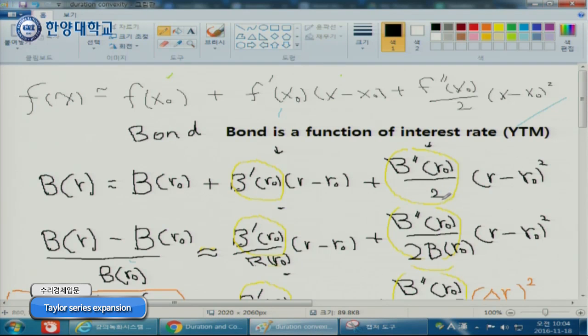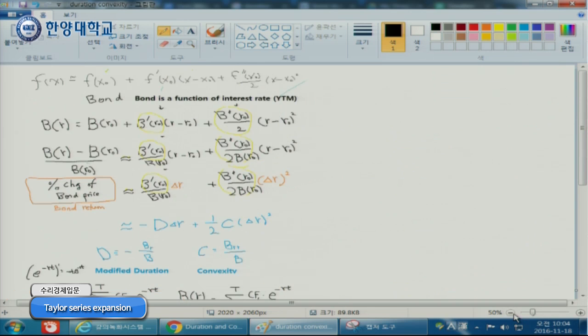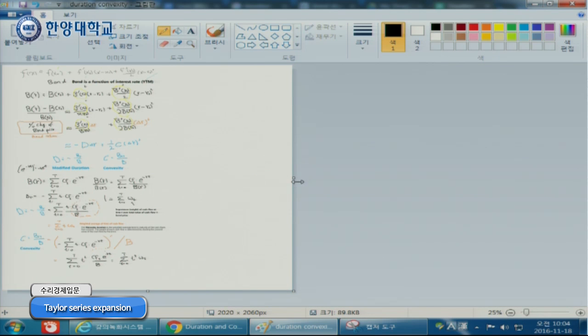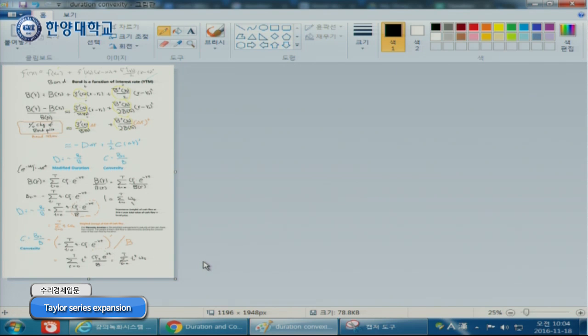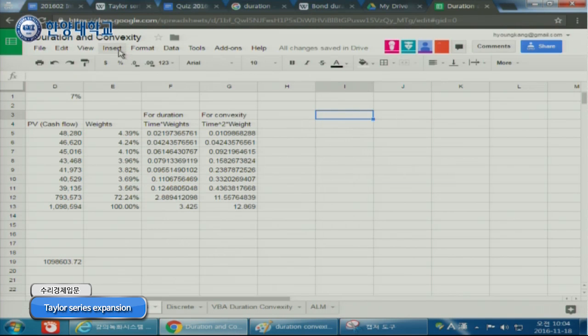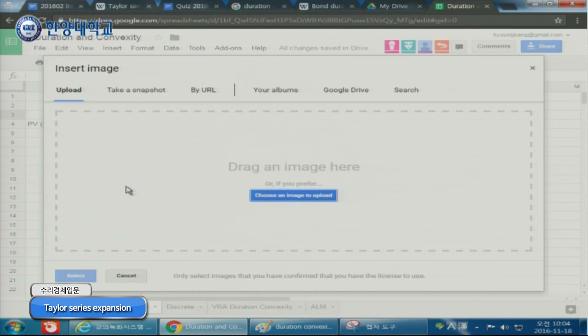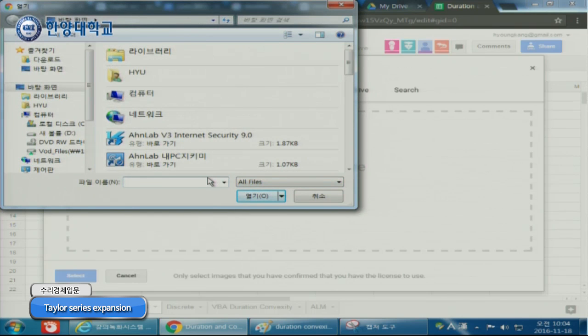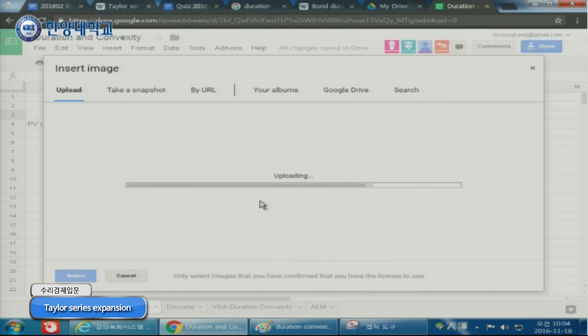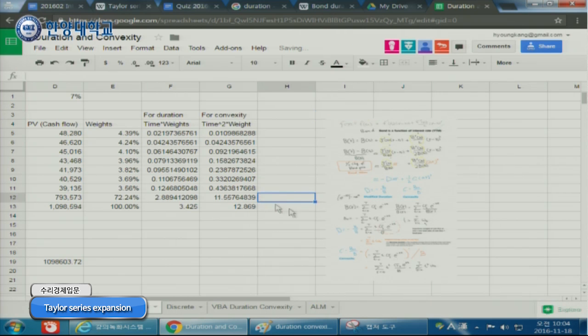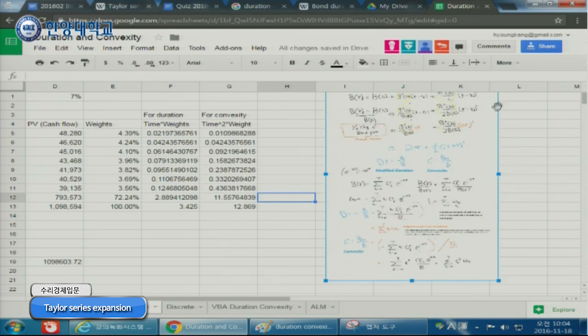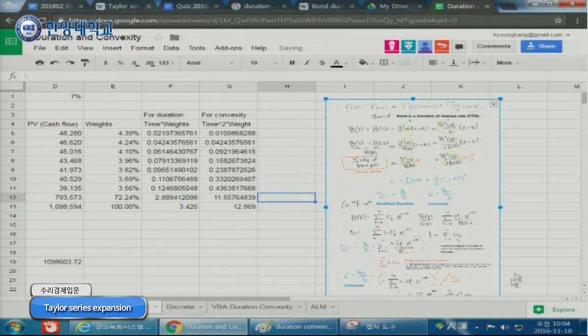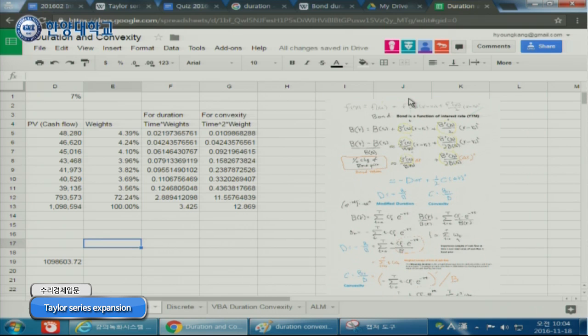So let me do it again. Let me upload, insert image. Yes, so it is our class note. You can see this one together. You can download this one and watch it together.